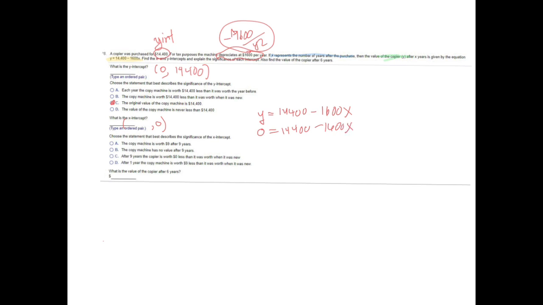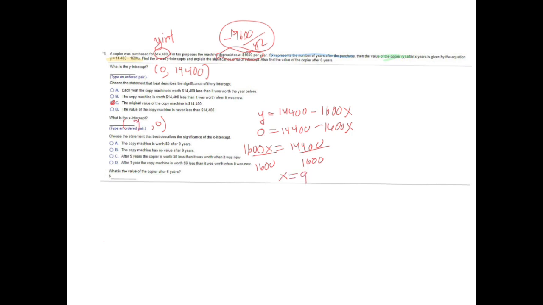So if I bring this x over to the other side, it becomes positive. And if I divide both sides by 1,600, I would get that x is 9.